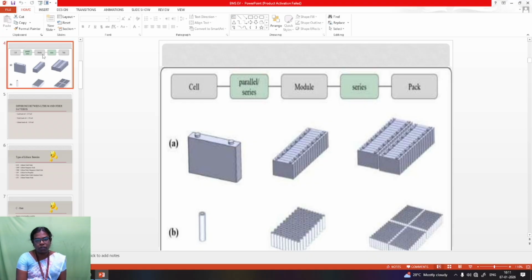That is called a parallel or series connection. And the battery pack means the modules. That means one row is connected in parallel or series, and 5 rows are connected in series or parallel. That is the battery pack. Each row is a module, and as one example, the 5 rows are the pack. Okay.